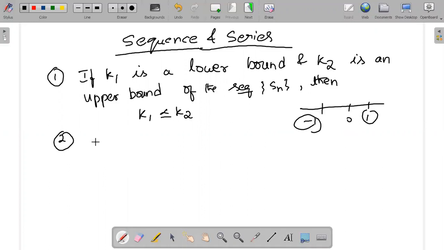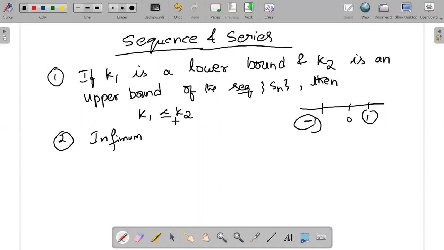And please remember infimum. What is infimum? Yes, sir. Infimum is the greatest lower bound.